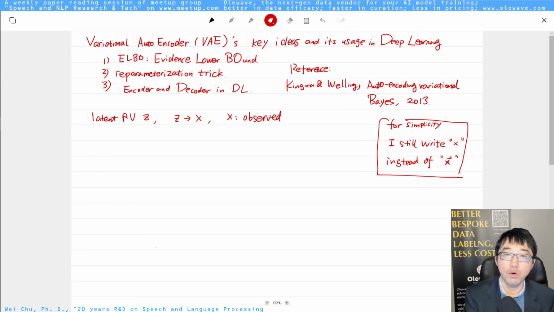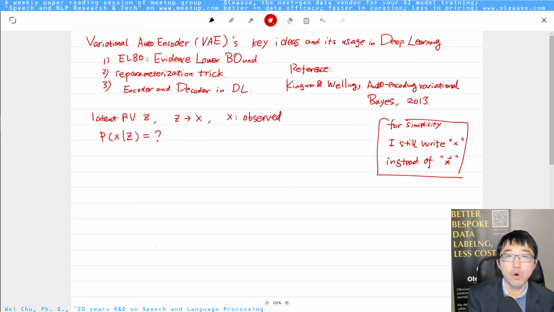In video or image, it's the image or video. So the question is, how do I get this? And I want this probability to be as high as possible, so I can get more accurate real world video or image reconstruction results.